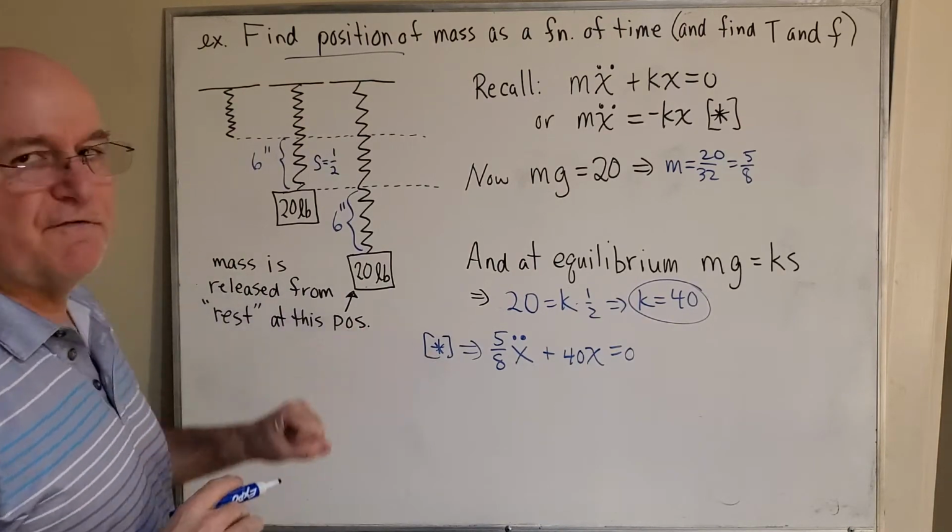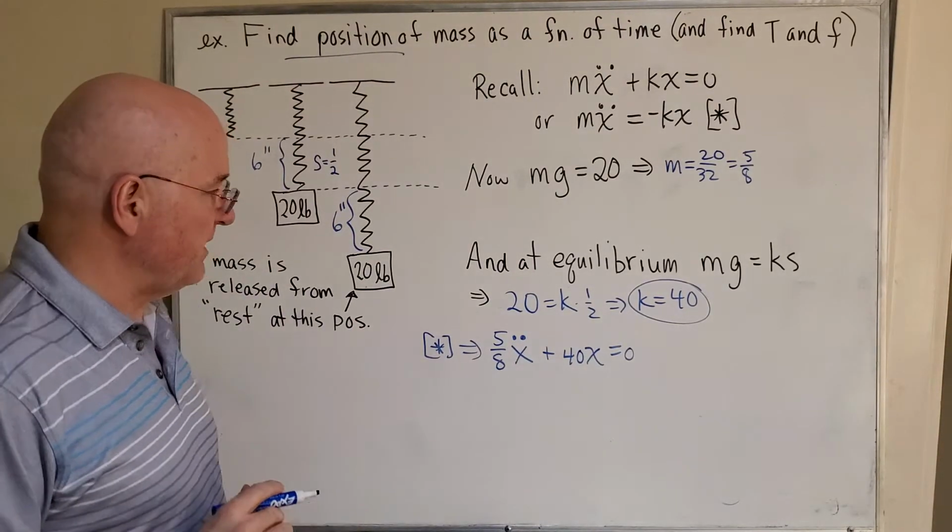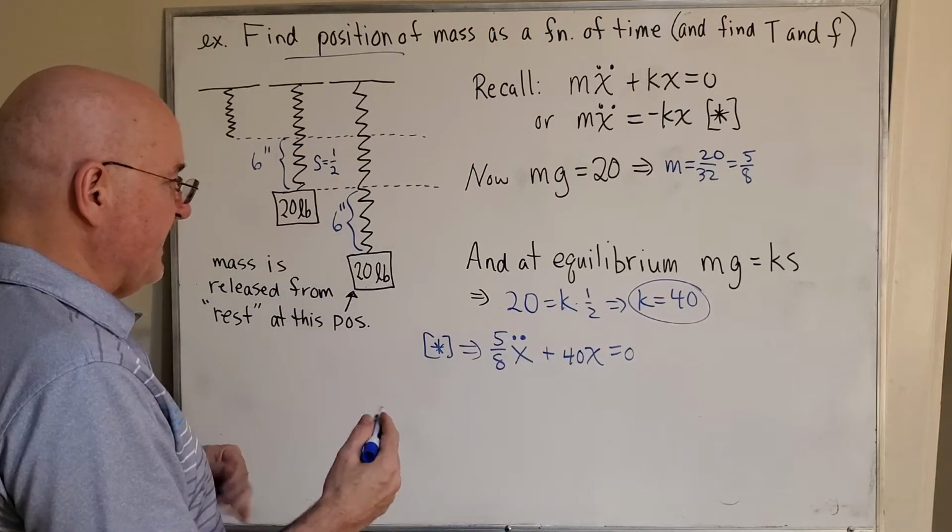And let's get this in the form we like. Let's get this to have a coefficient of 1. So multiply the entire equation by 8/5.